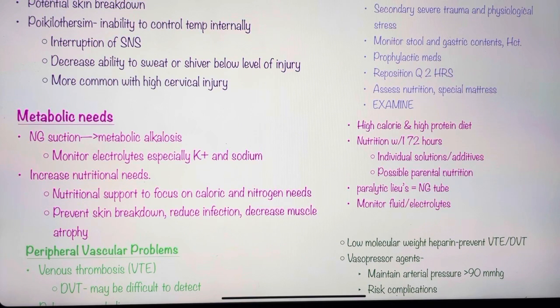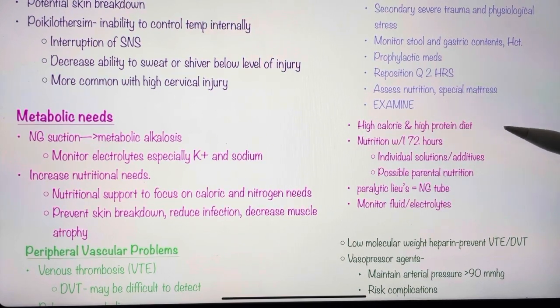You also increase nutritional needs for these patients. So when we think about nutritional needs, we want nutritional support to be focused on caloric and nitrogen needs. So that means high calorie, high protein. Prevent skin breakdown. We're going to reduce infection, and we are going to try to decrease muscle atrophy by providing these patients with a high caloric, high protein diet.